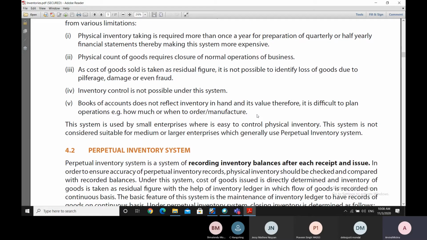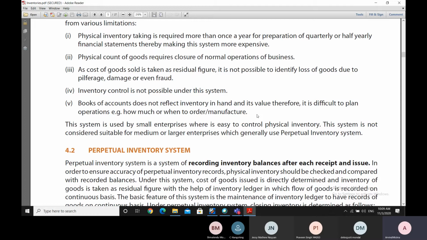So therefore, as you can see, this system should be used more by small enterprises where they don't need to make much investment in doing inventory work, and it is easy to control physical inventory because the items are all lying in front of them and they can easily look at them and also realize in their own way how much is required to be ordered or manufactured, or they can have their own control over the pilferage, etc. So therefore, the periodic system is used by small enterprises.